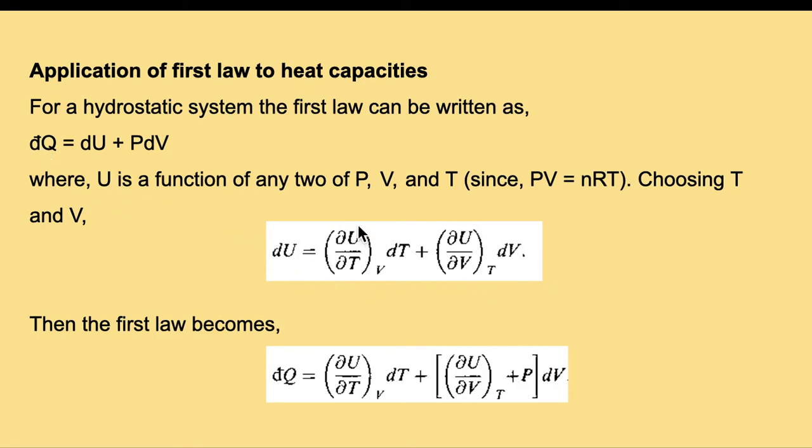So your d̄Q will be this plus P dV. That dV is common to both P and this ∂U/∂V at constant temperature. So your equation for d̄Q becomes ∂U/∂T at constant volume into dT plus [∂U/∂V at constant temperature plus P] into dV.